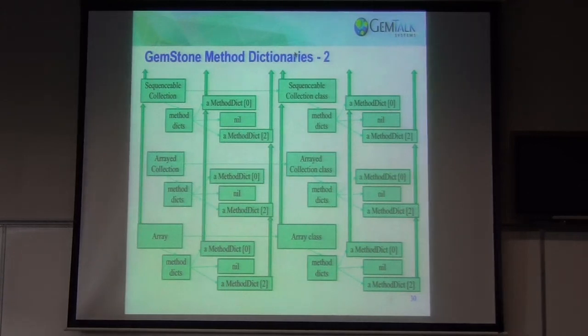So GemStone gives us the ability of inserting method dictionaries into the lookup chain. And so while formally, technically, array inherits from sequenceable collection, our method dictionary 2 can have in its lookup chain a method dictionary 2 for arrayed collection. So now we have inserted a new class to inherit.